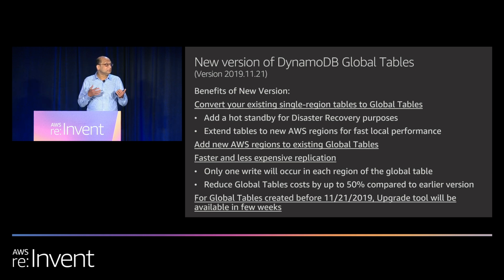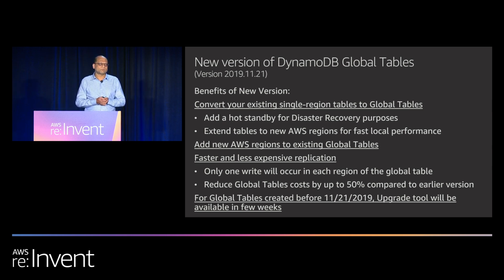You can add new regions to your existing global tables at any time. Your applications can continue to write to the existing regions while DynamoDB creates a new replica in the background, and all the in-flight updates will eventually be replicated to the new replica.